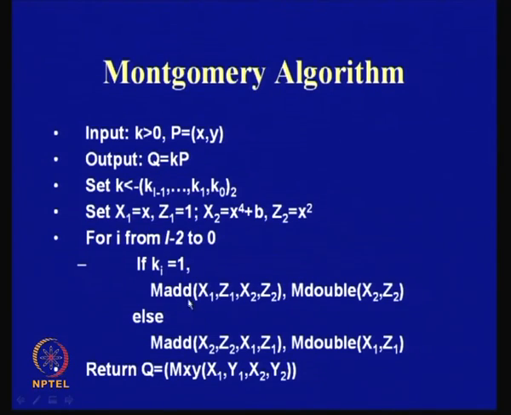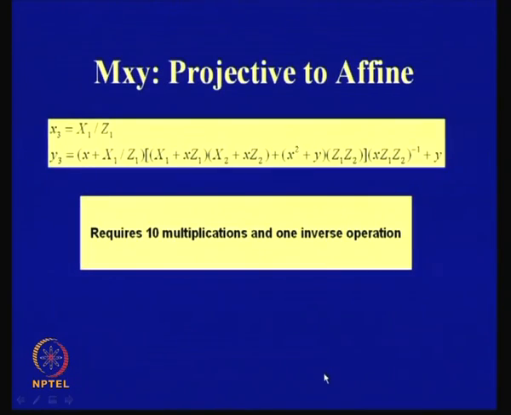And when your ki is 0, then also you need to do the addition here and the doubling in the x1 z1 register. Finally, when you have got the result, you need to convert this back into the affine coordinates. I am not going into this, but one inversion is necessary at that point. So, this is actually straightforward, because this is exactly like the previous algorithm.